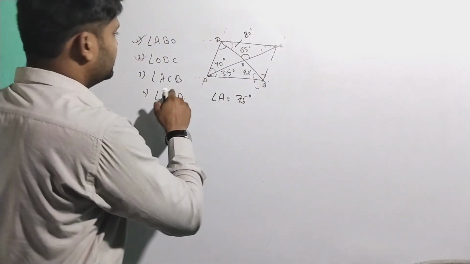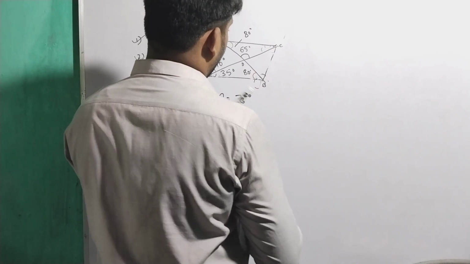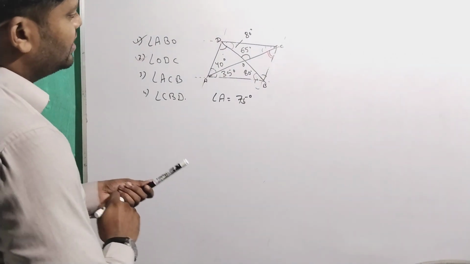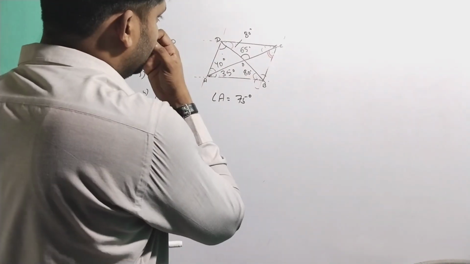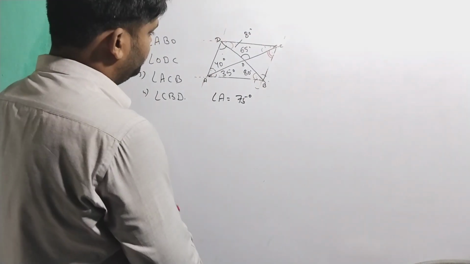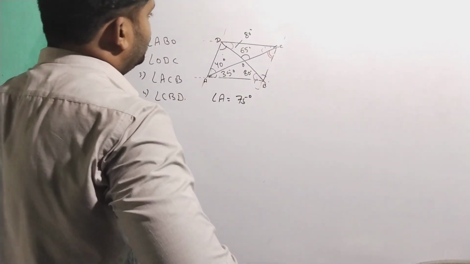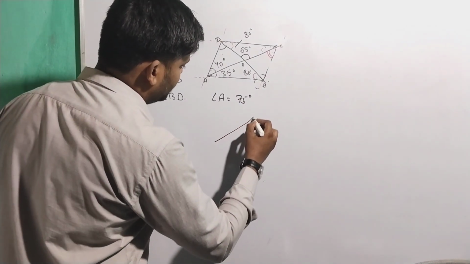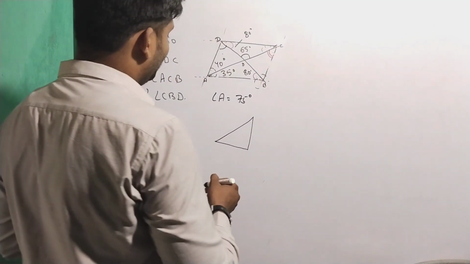Now ACB. Okay, this one I need to find out. ACB, you have to find it. Now ACB is lying on which triangle? We have to find ACB, so extract that triangle, just like we did for OBA.